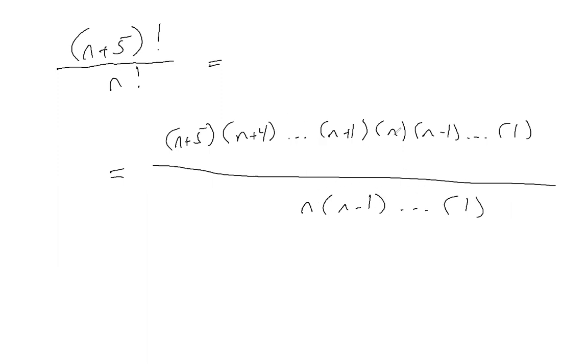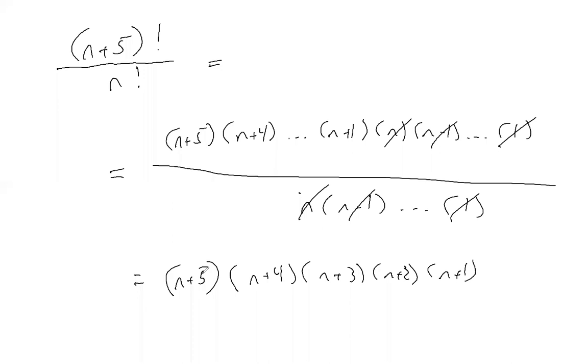So what cancels? My n's going to cancel, so that's my first term that cancels, and then all my other terms less than n are going to cancel, right? n minus 1 is going to cancel with n minus 1, and so on, all the way down to 1. So what am I going to be left with? I'm going to be left with n plus 5 times n plus 4 times n plus 3 times n plus 2 times n plus 1.